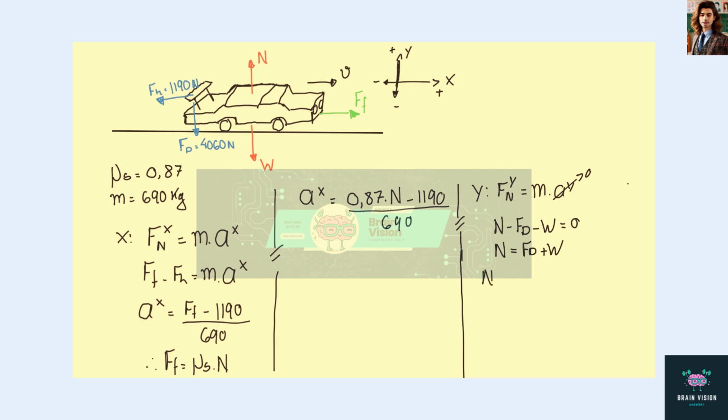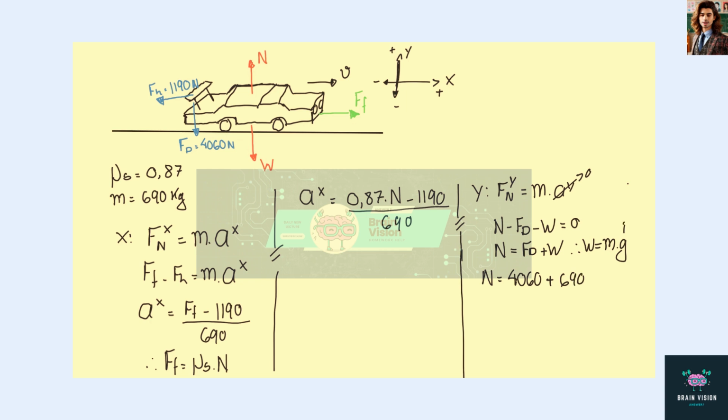Now, we have the following. The downward force is equal to 4060 newtons. Then, we have the weight force. The weight force is given by the following expression: the mass of the car times the acceleration of gravity. The mass of the car is 690.